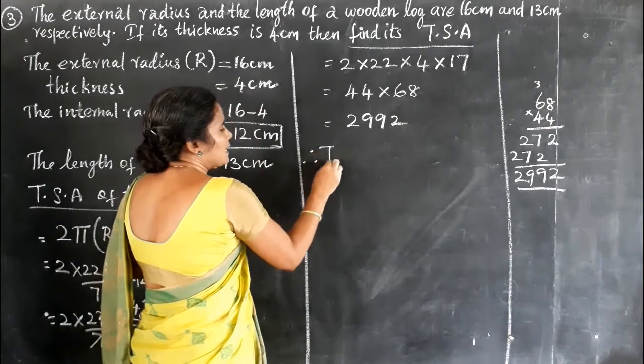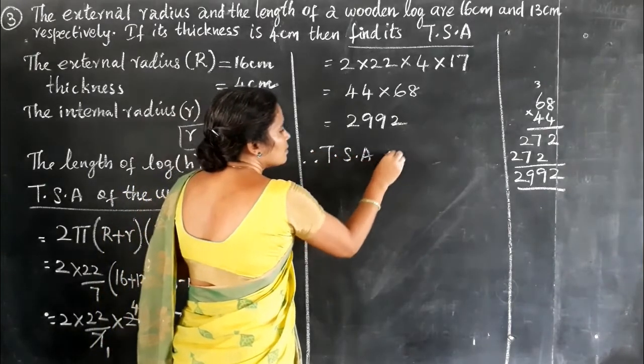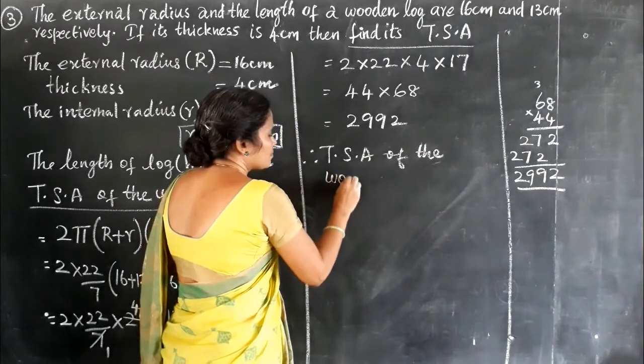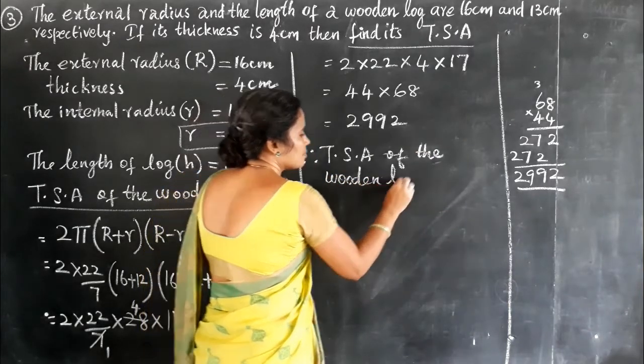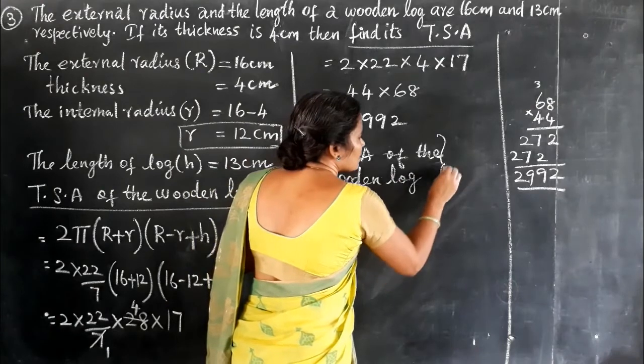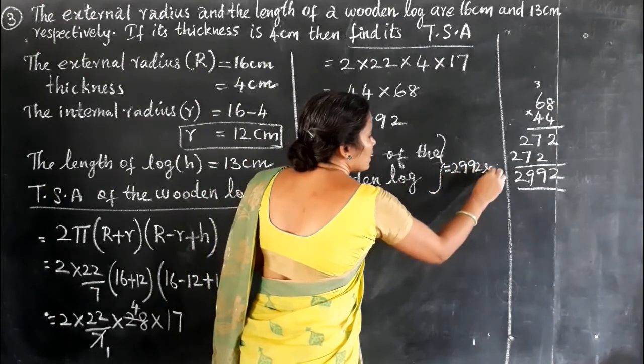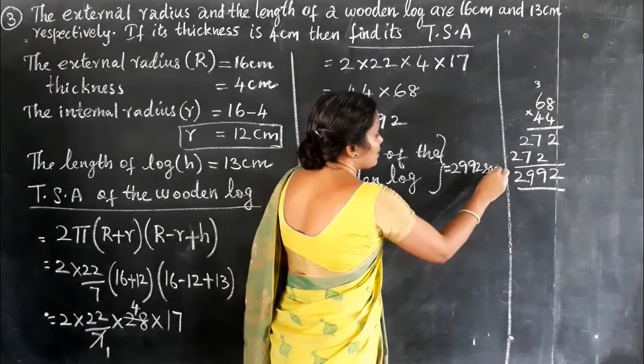Therefore TSA of the wooden log is equal to 2992 square centimeter.